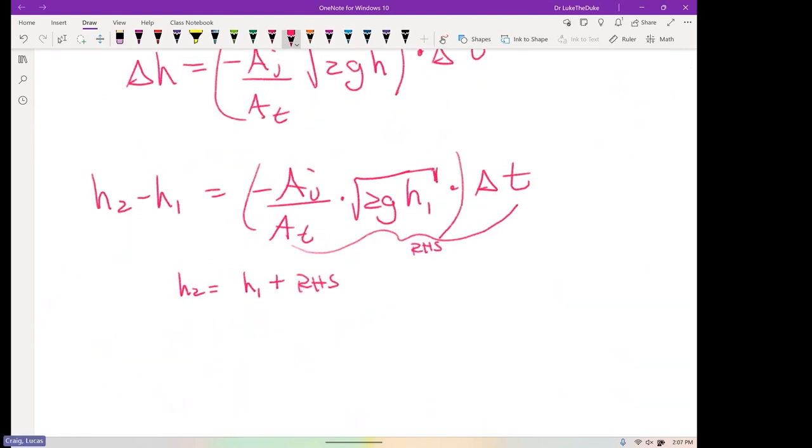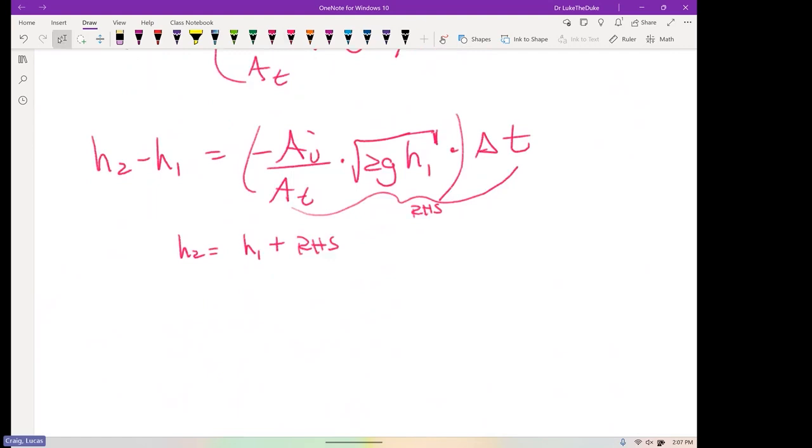On the right-hand side, we use the current value, H1, which is 3 meters. We find what that number is and multiply by a time step, delta T, which we're going to pick. Then we add that to 3 meters. But in this case there's a negative in front, that's why it goes smaller. And how would you find H3?